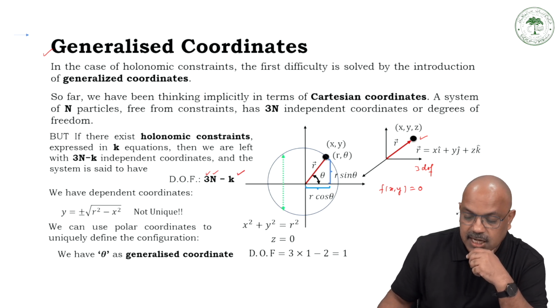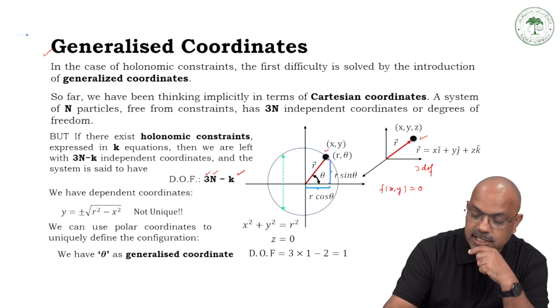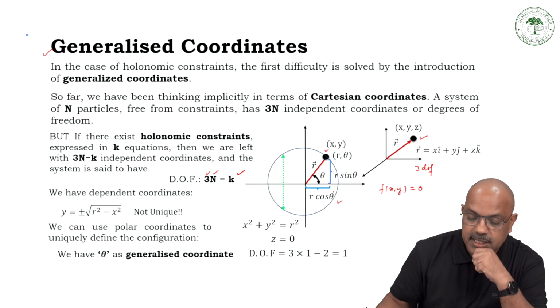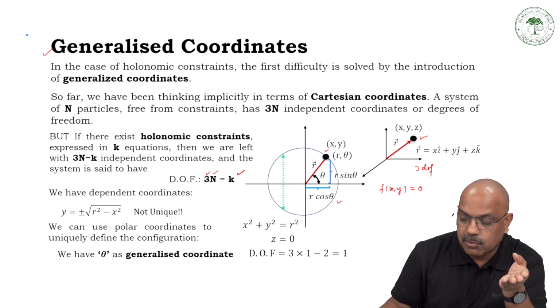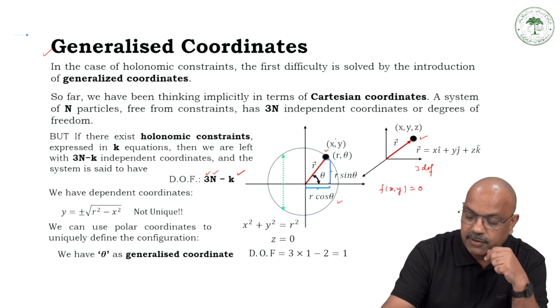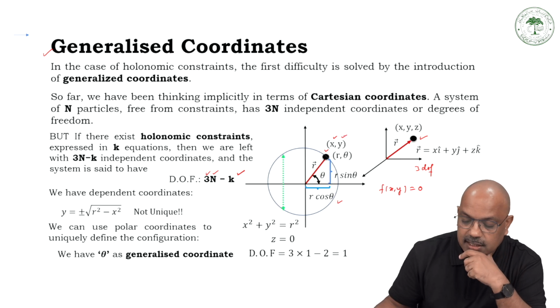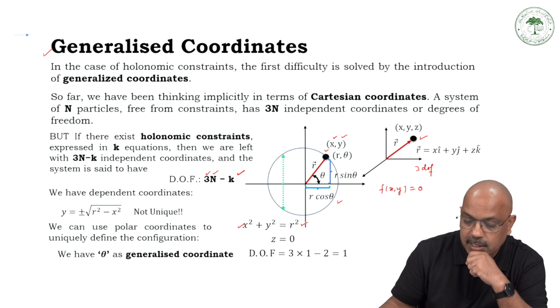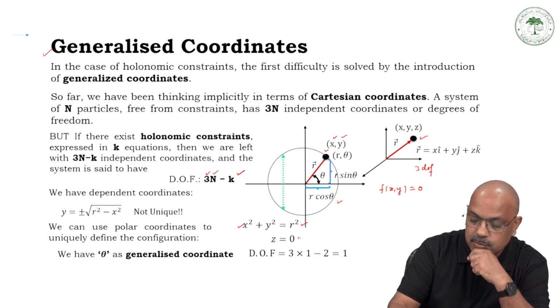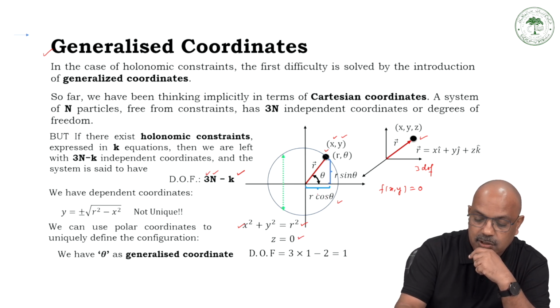We had discussed that if this particle has to move on a circle of radius r, then in coordinate space, specified in terms of x and y, I can write the constraint equation: x square plus y square equals r square, and z square equals 0, because we are talking about 3 dimensions, so z has to be 0 as well.